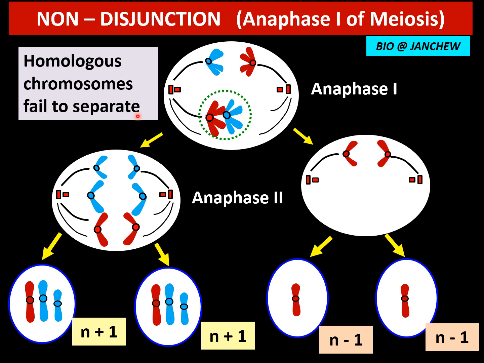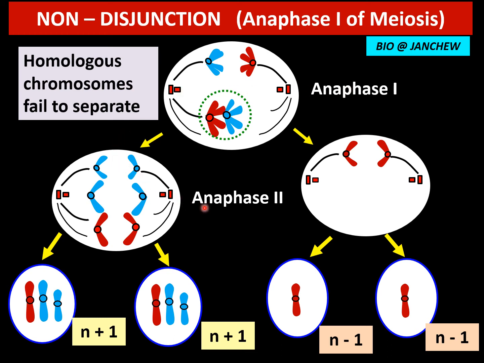During the formation of gametes in one of the parents, either the father or mother, the homologous chromosomes number 21 fail to separate from each other. So both of the chromosomes 21 move to the same pole and will be found in the same daughter cell after anaphase 1, after meiosis 1.